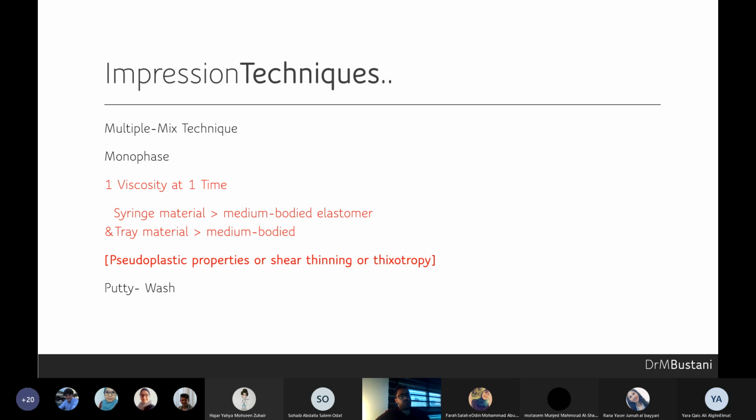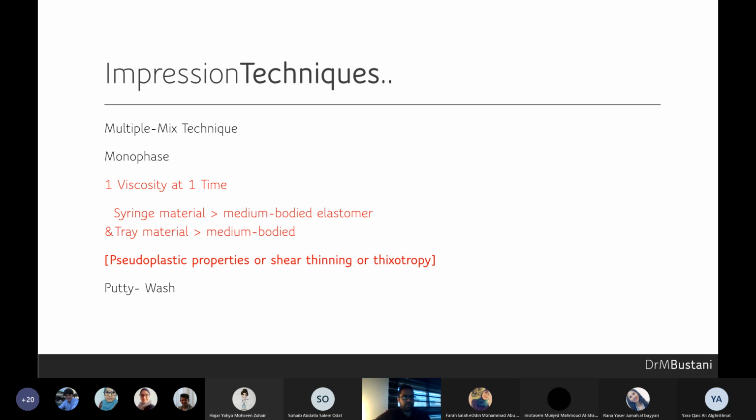and it's mainly used with polyether. So within the syringe, your nurse will fill the syringe for you, and then when you apply force on the material, because as we said it's thixotropic, it will flow out of the tip or the nozzle of the syringe, and you can use it almost similarly to light body.